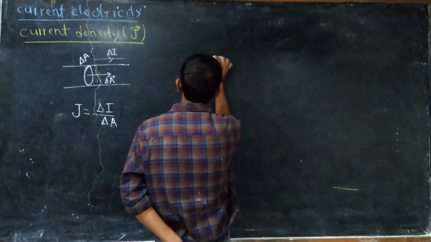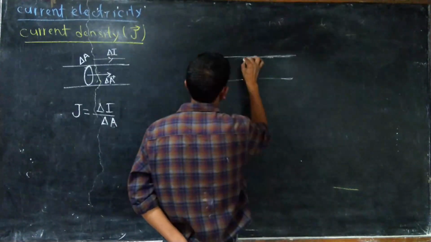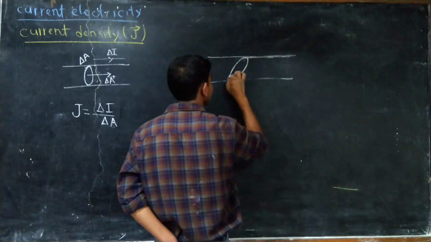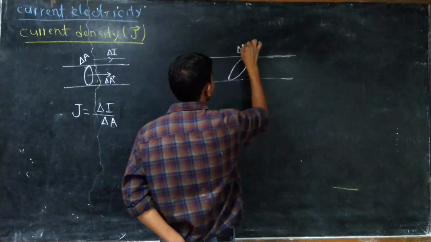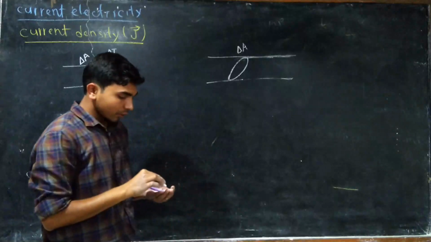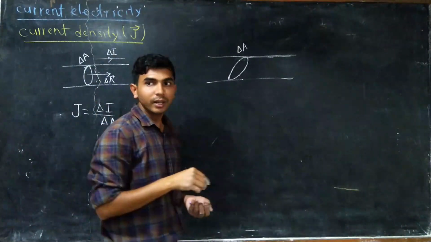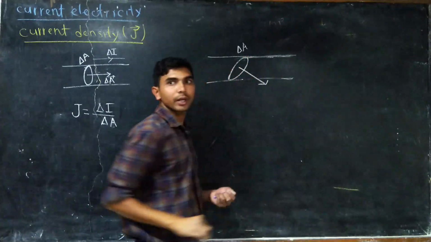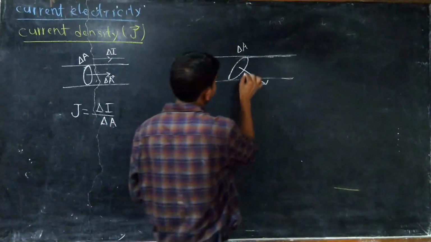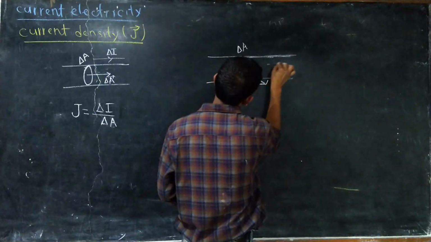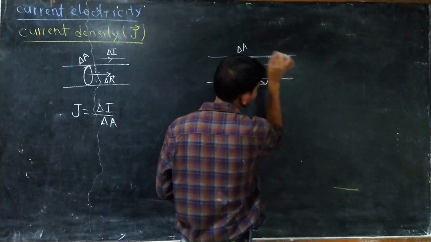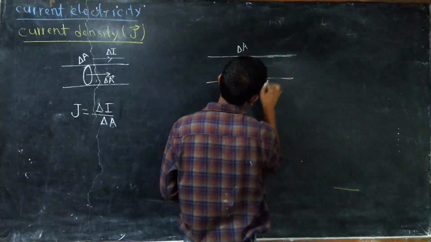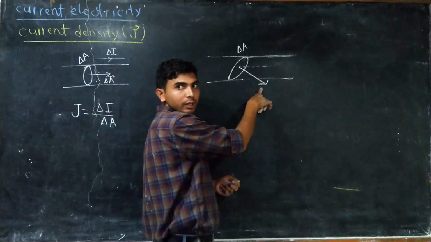Suppose the condition is like this. This is your area, and suppose this area is also dA. The direction of the area vector is this one. Your current is along the direction of the conductor, so current is in this direction and the area vector is in this direction.